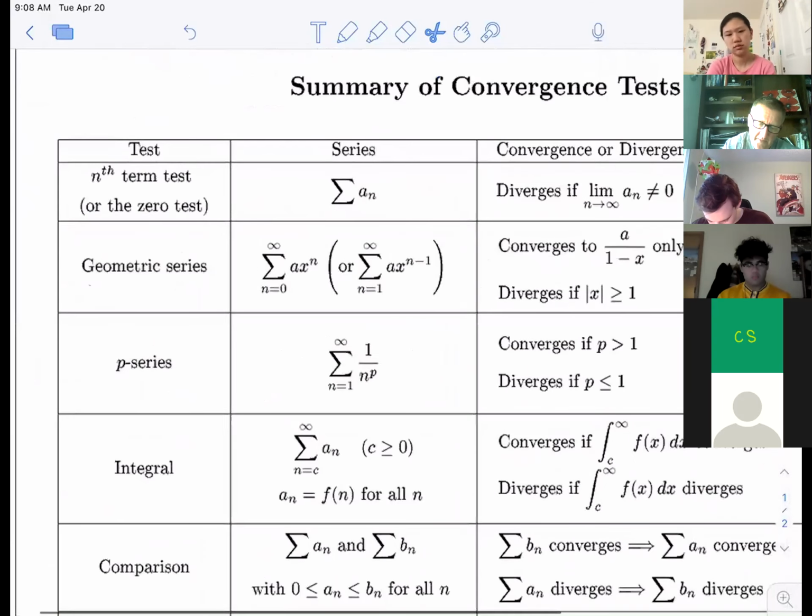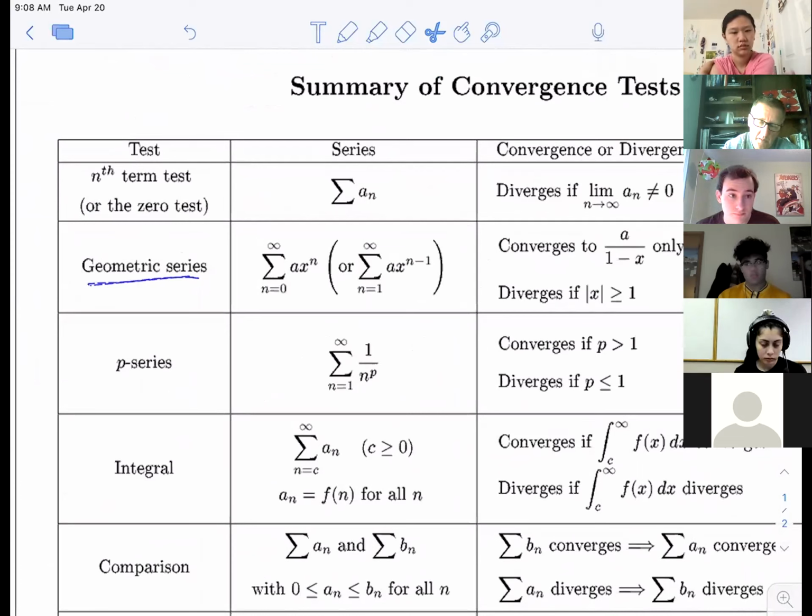Notice if you recognize it's a geometric sequence because each term is 3/4 multiplied by the previous term. So that's your R value. In the language of this section, that's your X value. Notice this is what it converges to.